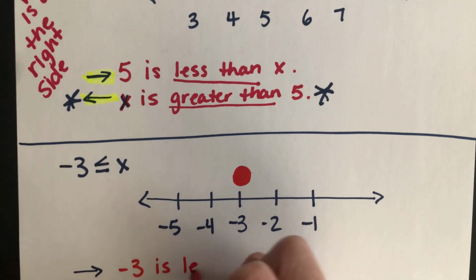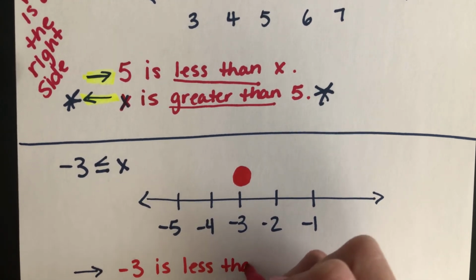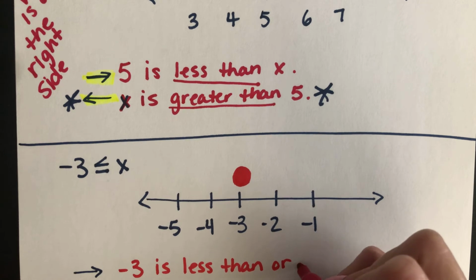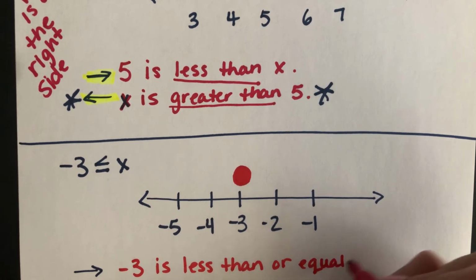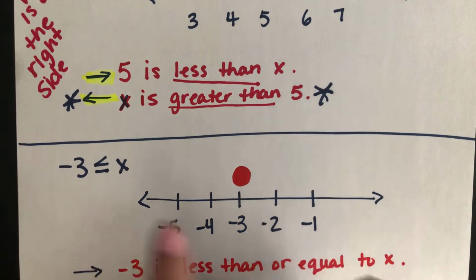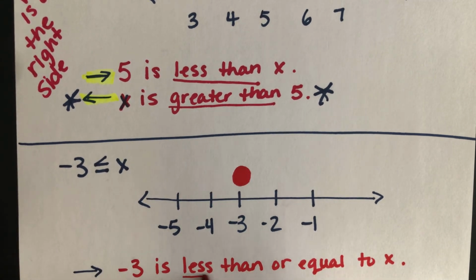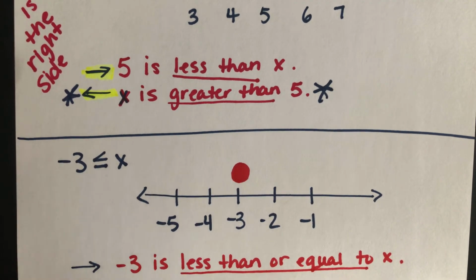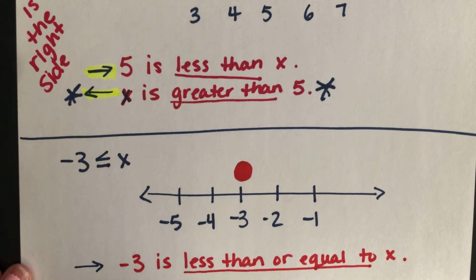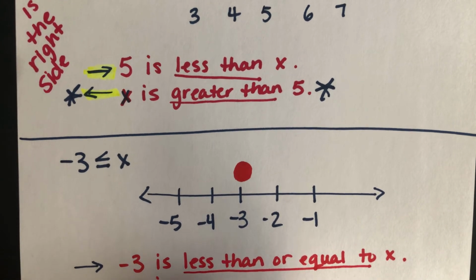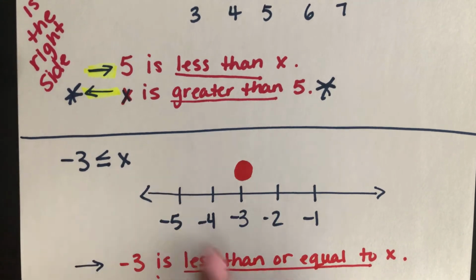is less than or equal to x. But if I start with the variable and read it backwards, I have x is... Now I'm reading it backwards.